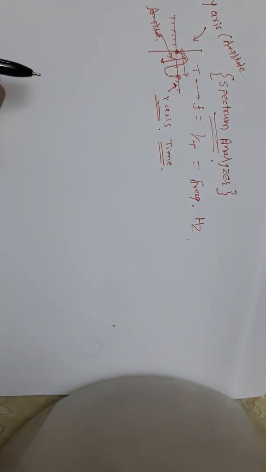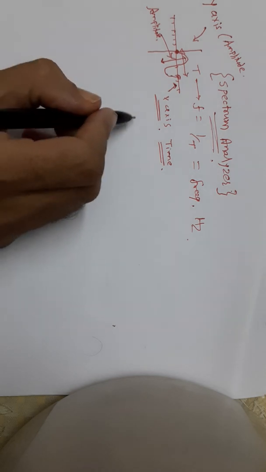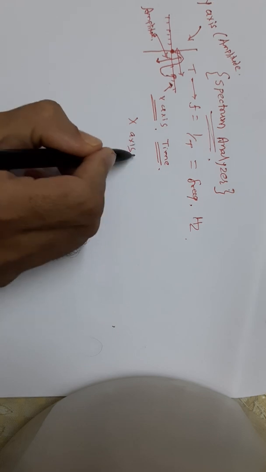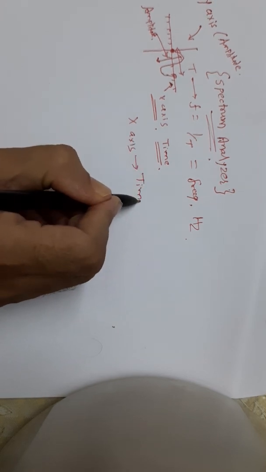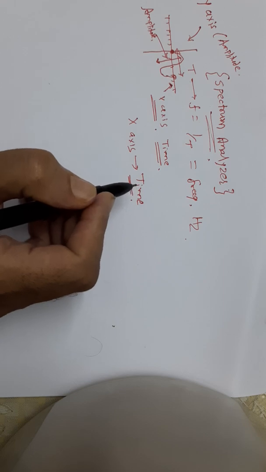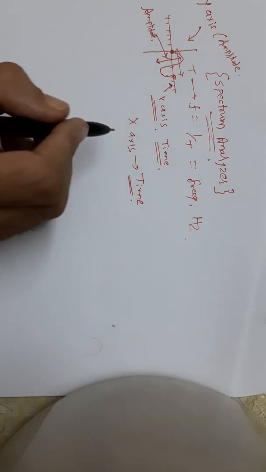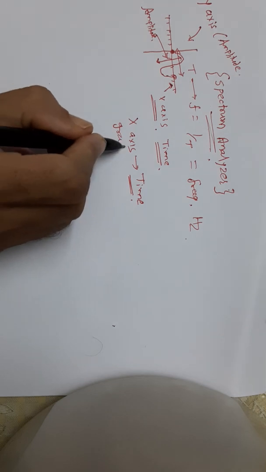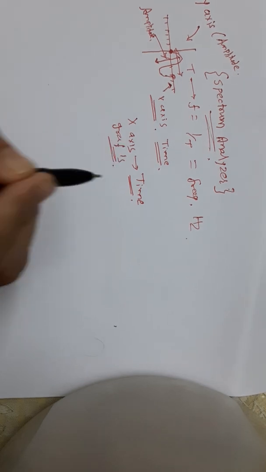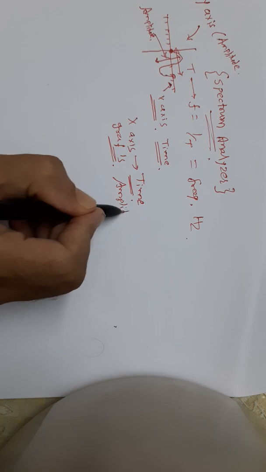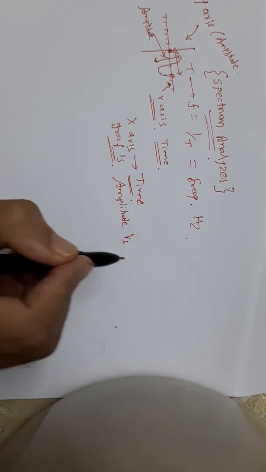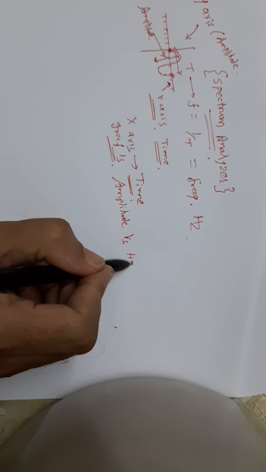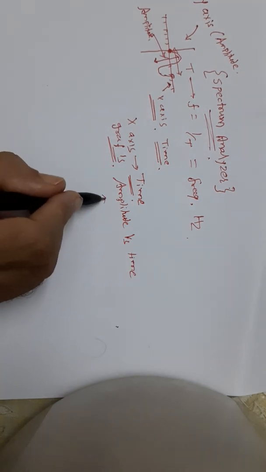So I repeat, the most common way of observing the signal is to display it on an oscilloscope with time as the x-axis. On the x-axis we measure time, and on the y-axis the amplitude of the signal, so the graph is amplitude versus time.